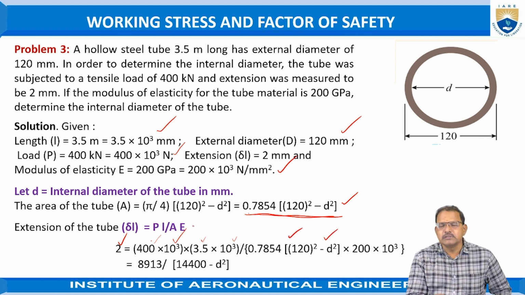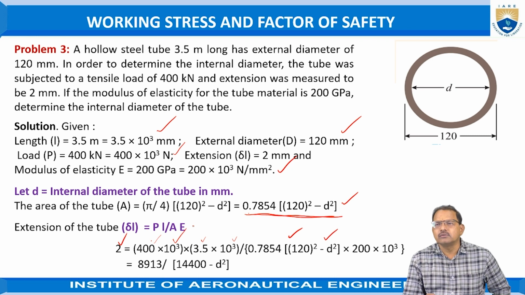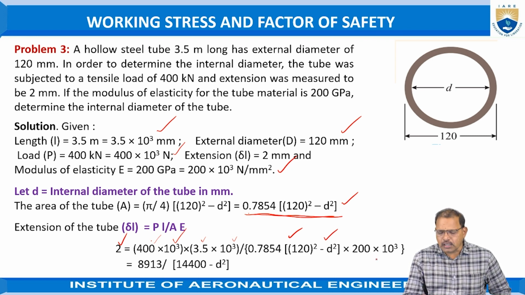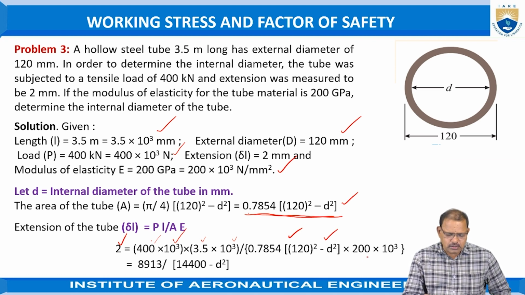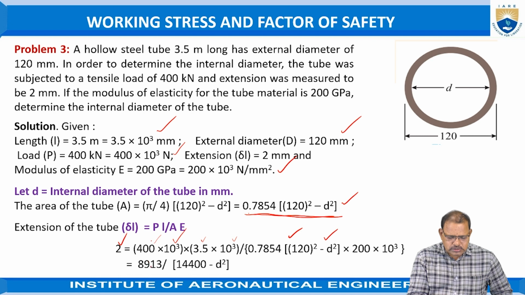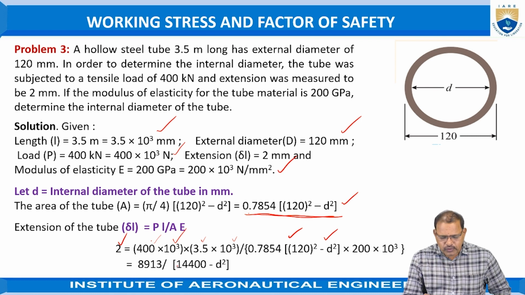And E means Young's modulus, which is equal to 200 gigapascal, that means 200 into 10 to the power of 3 Newton per mm square. So finally, on doing the calculations, we got it is equal to 8,913 divided by 14,400 minus d square.